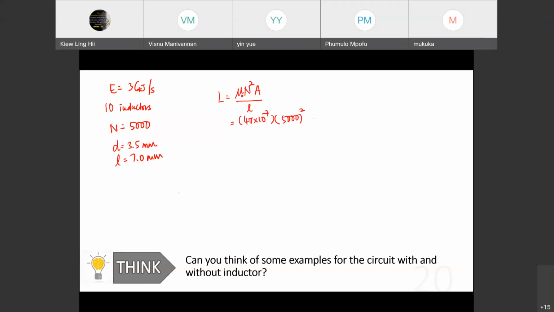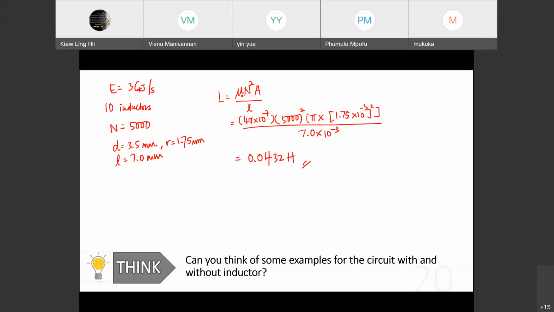Area is pi r squared, where r is 1.75 millimeters. The length of the solenoid is 7 times 10 to the power of -3. And we get 0.0432 henry.